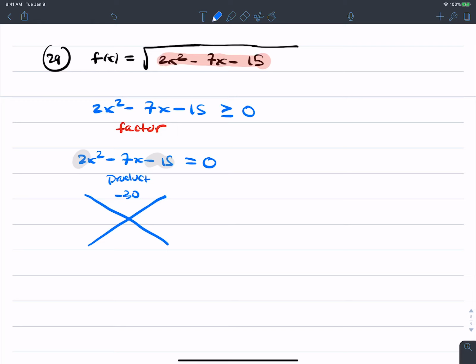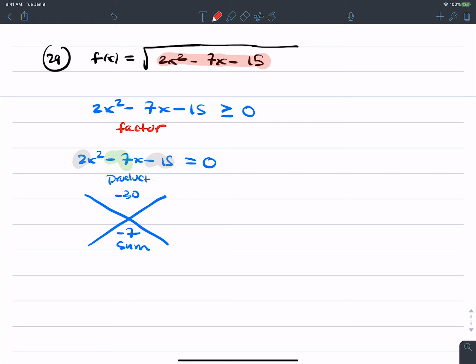Our sum has to be -7, which is this b value here. Looks like we haven't done that one yet. We need two numbers that multiply to -30, but when added give -7.